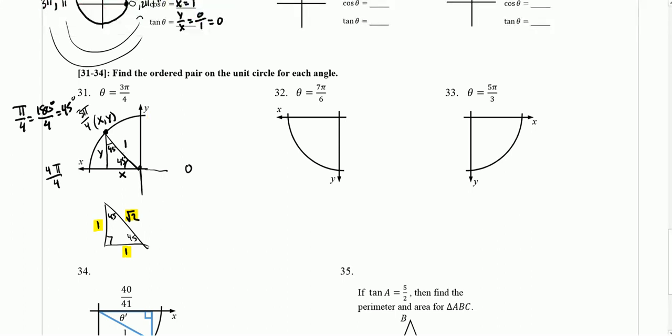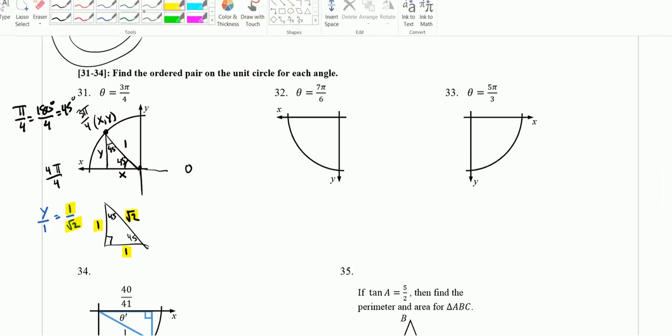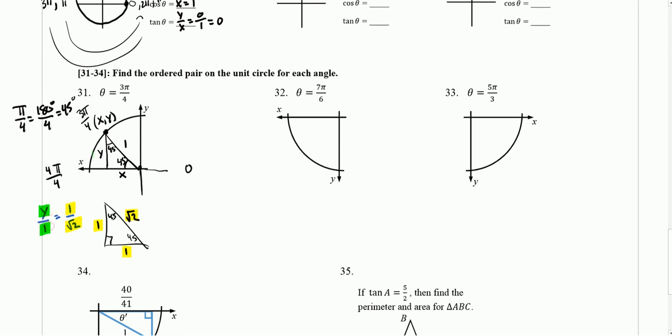Set up a proportion. So if I want my y value, I'm going to say y over 1 is equal to 1 over root 2. And here's where this is coming from. So if we take the 1 and the root 2 from the second triangle and the y and the 1 from the first triangle, we're working with the opposite over hypotenuse.